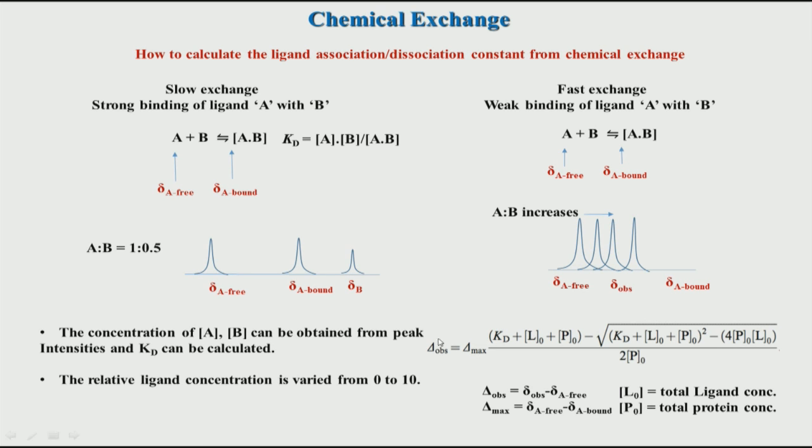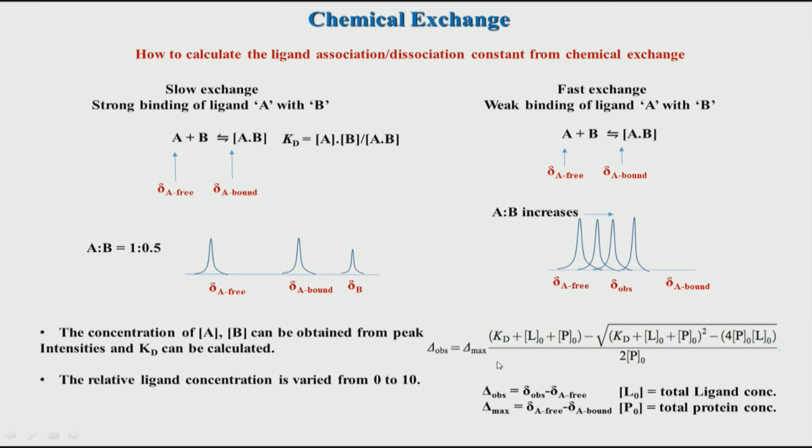So, once you know delta observed at different points in your titration, and you know the delta max for the last point in your titration after adding a large amount of B, you can then at every point calculate and fit it to this equation. So, what is the fitting parameter? Kd is the fitting parameter. This is what is not known, this is unknown.